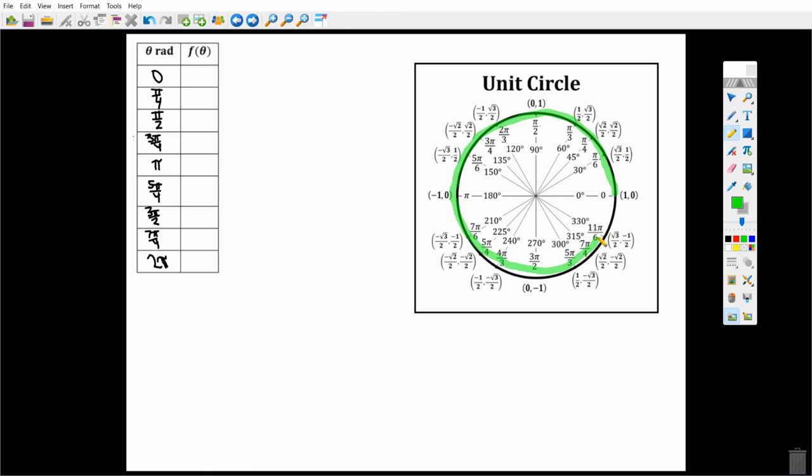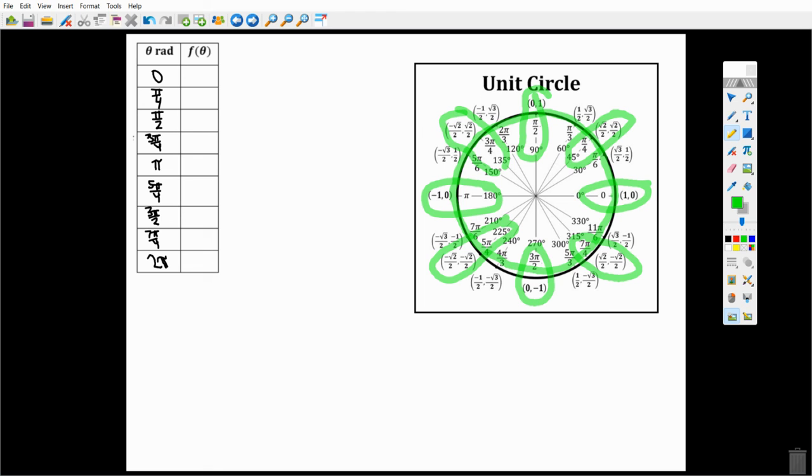So we're going from 0 to 2 pi, but again, we're looking at pi over 4, pi over 2, 3 pi over 4, pi, 5 pi over 4, 3 pi over 2, 7 pi over 4, and then back to 2 pi, which starts at 0, by the way.